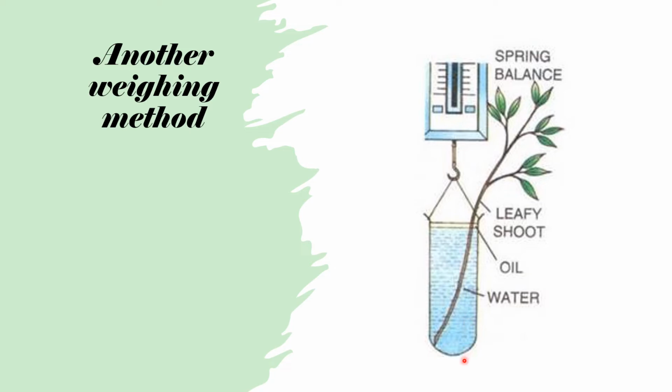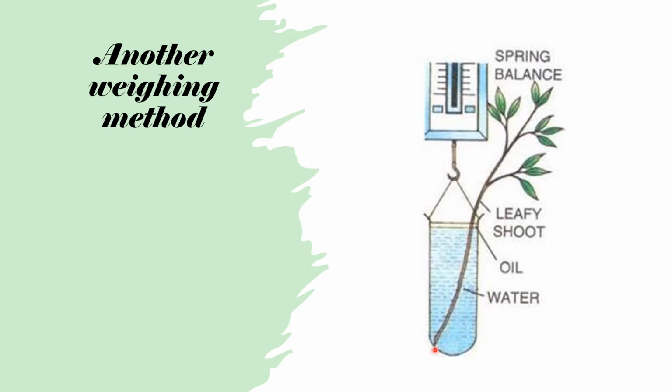Then weigh again after 1 hour or after 2 hours, by keeping it in the same beaker, or you can use the spring balance. Then you can see the difference. Any difference in weight will indicate loss of water by the shoot due to transpiration.